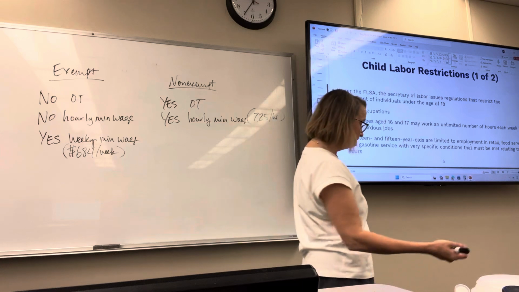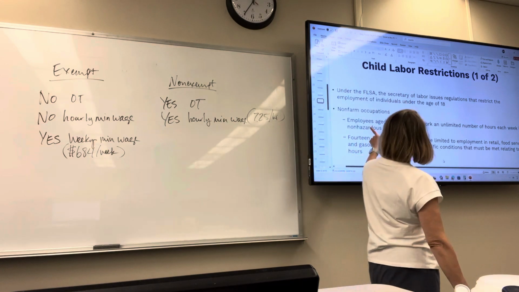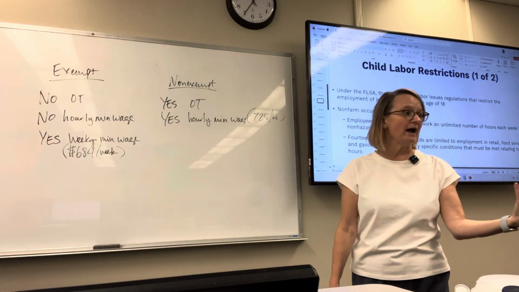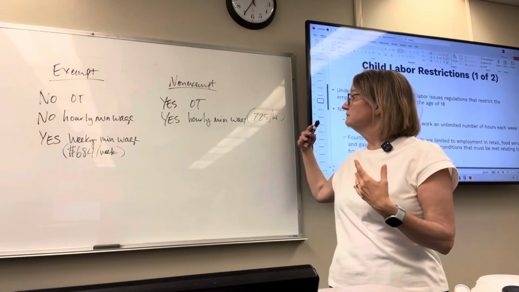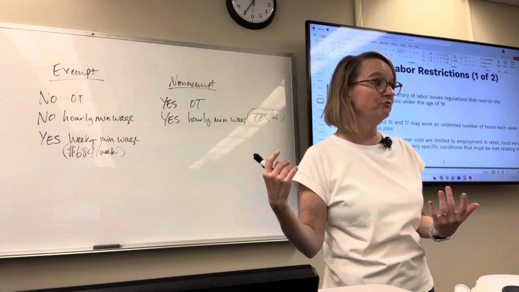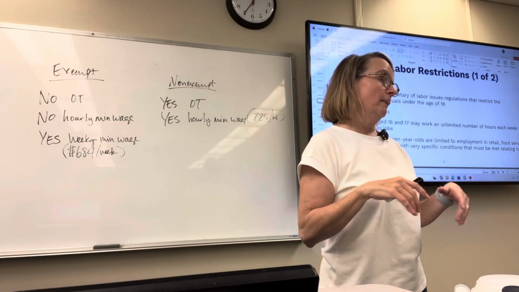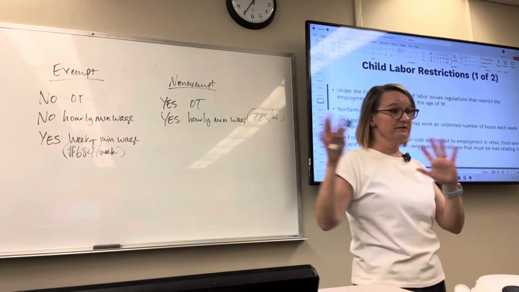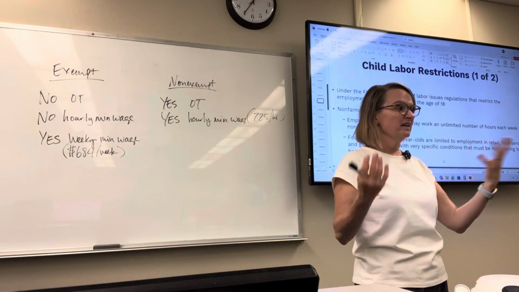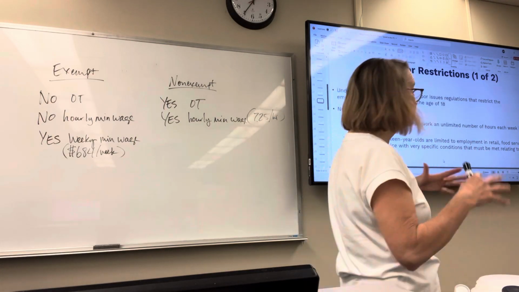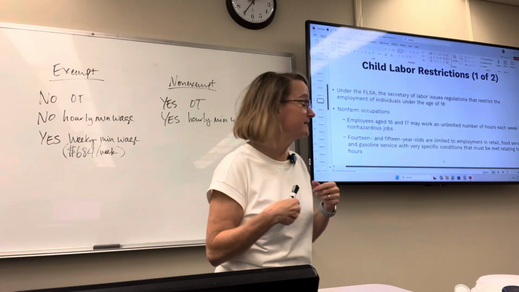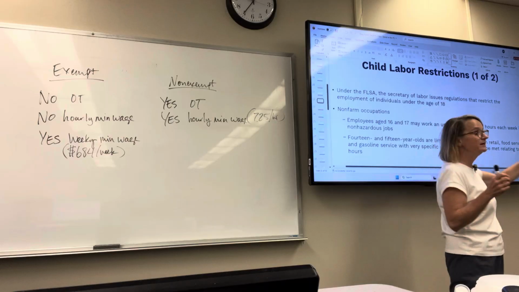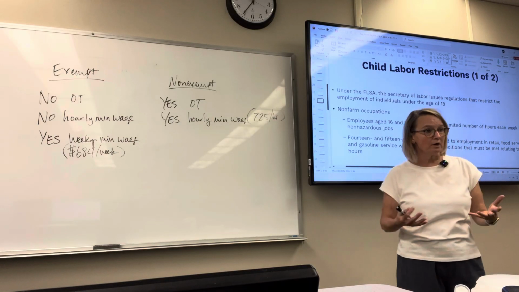So for employees that are 16 and 17, there's no restriction on the number of hours that they can work. They still have to be paid overtime if they work over 40 hours in the week. If they're getting that training wage, they may make the $7.25 an hour, they may make that lower training wage, but they still have the minimum wage requirements that have to be met, but there's no limitation on the number of hours that they can work.